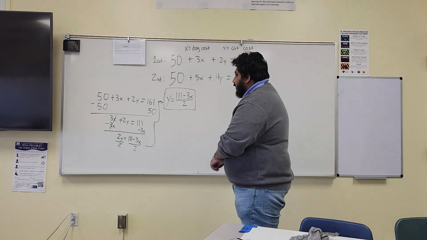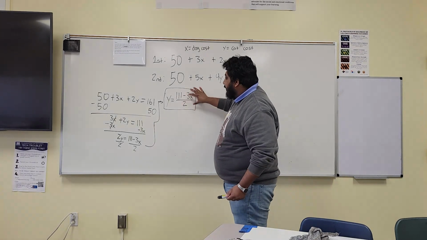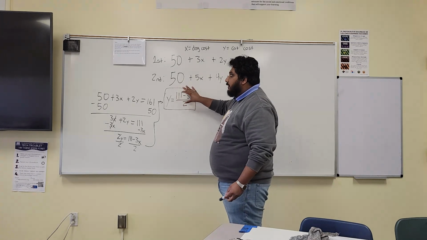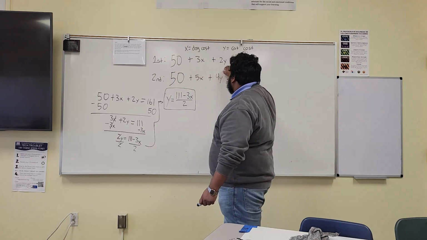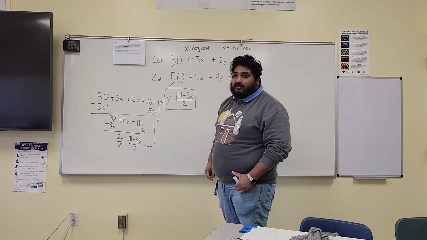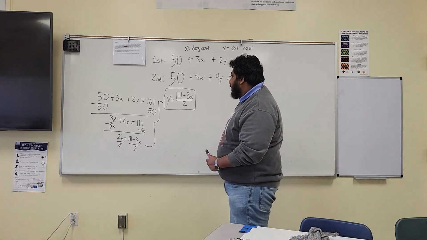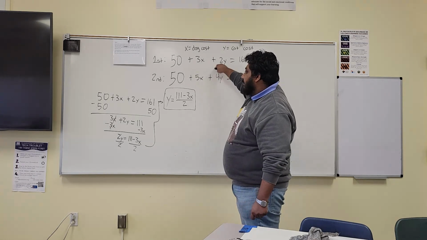Alright, now the next step is to take this value and substitute it in for one of our y values. Now if we substitute it in for the first equation up over here, what's going to happen is everything's going to kind of cancel out. So we didn't actually end up getting to do it, so I'll show you exactly what happens if you do that to the first one, just as an example.